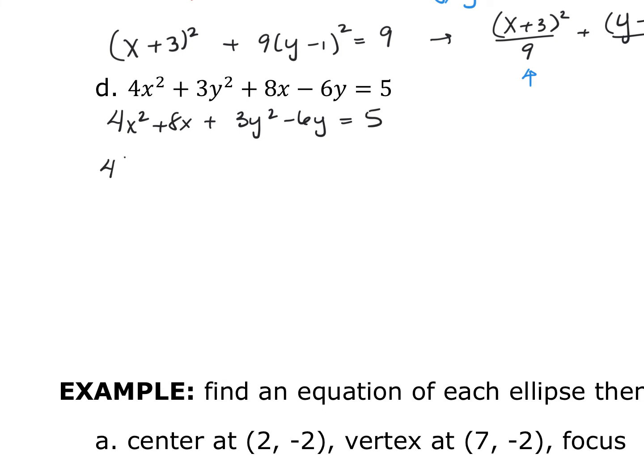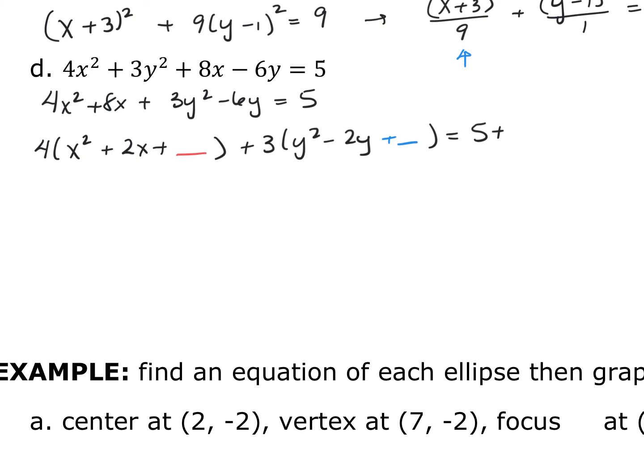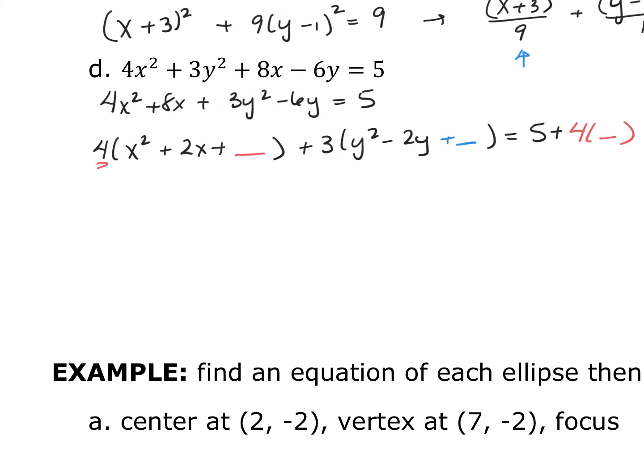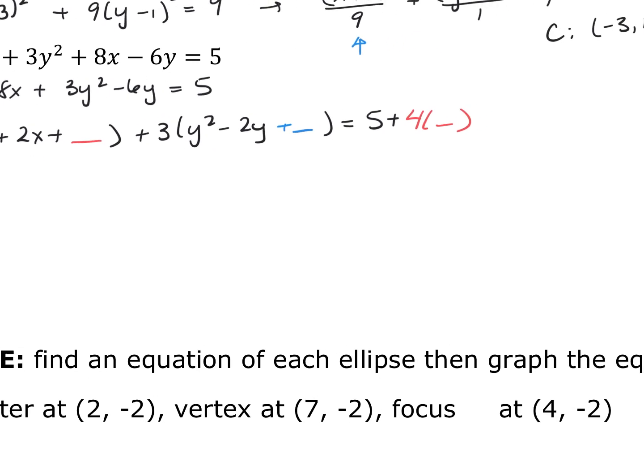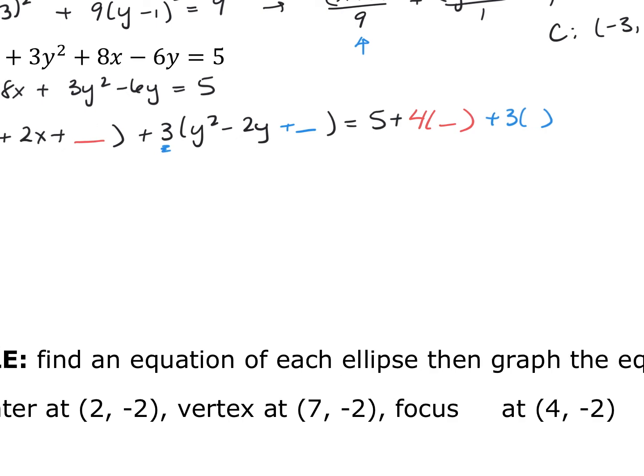So I have 4, don't forget I need to factor out the 4, x squared plus 2x plus, I have my blank, plus 3, and then y squared minus 2y plus this blank is equal to 5 plus. I need 4 times the first blank, because there's that coefficient of 4 right here. And I need 3 times the second blank, because of that coefficient of 3.